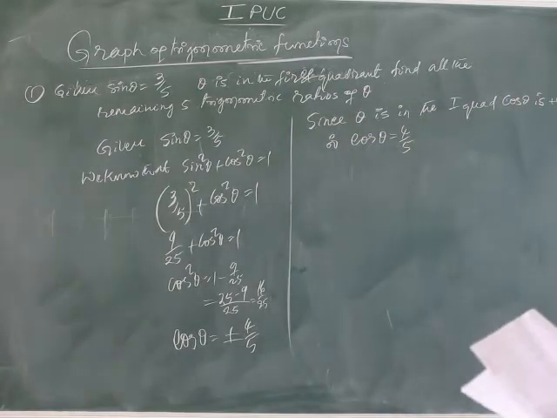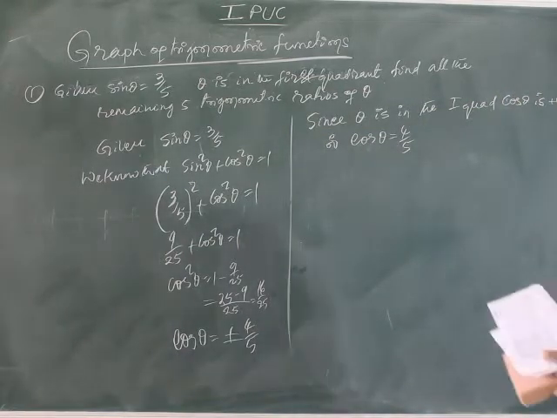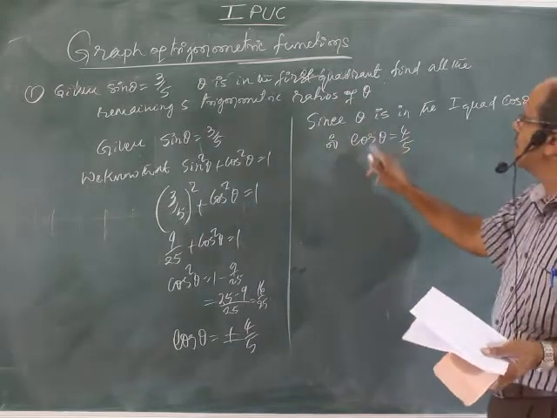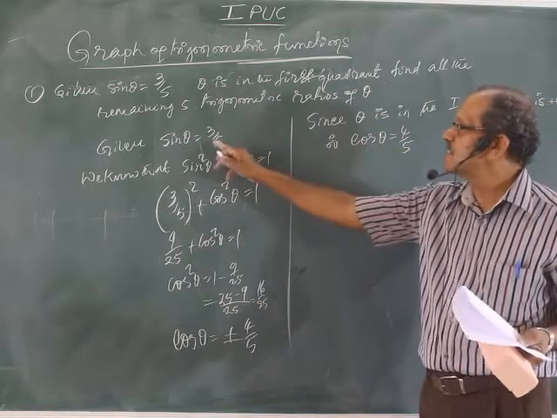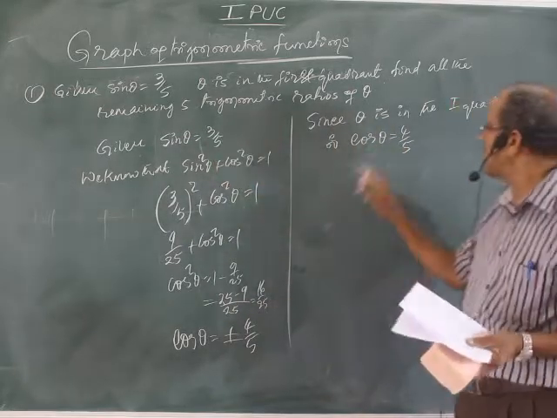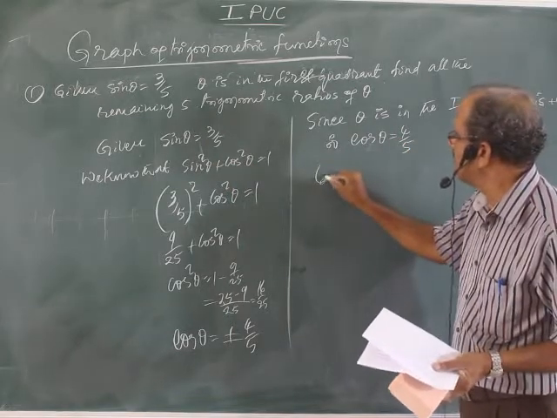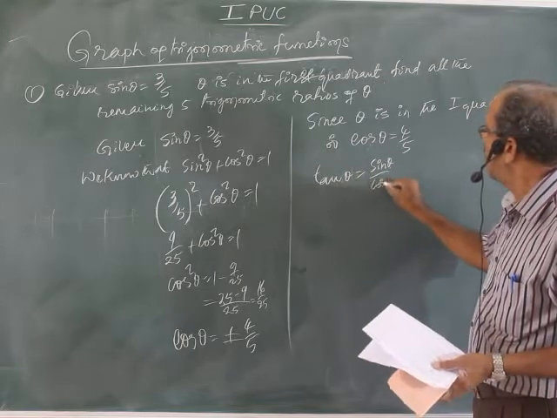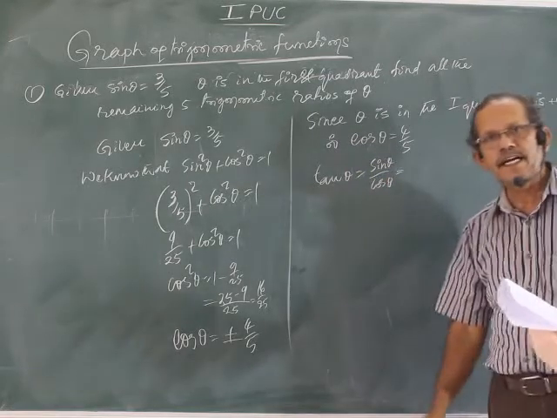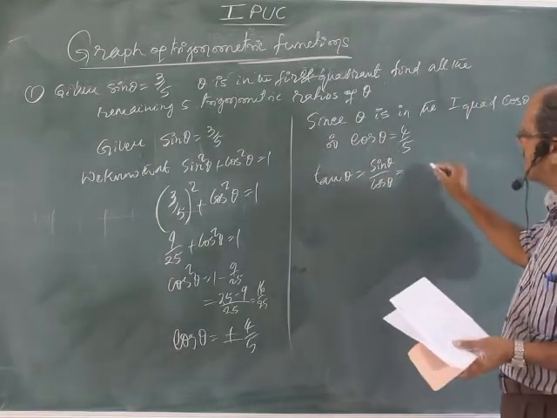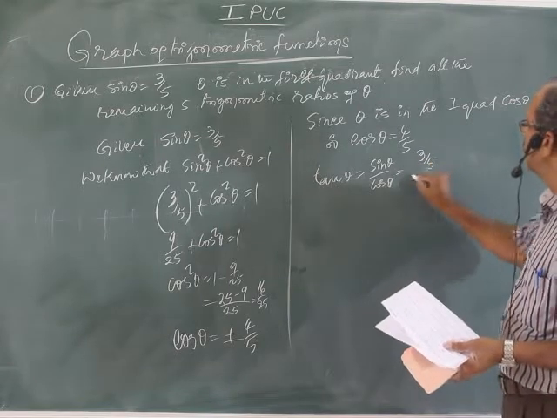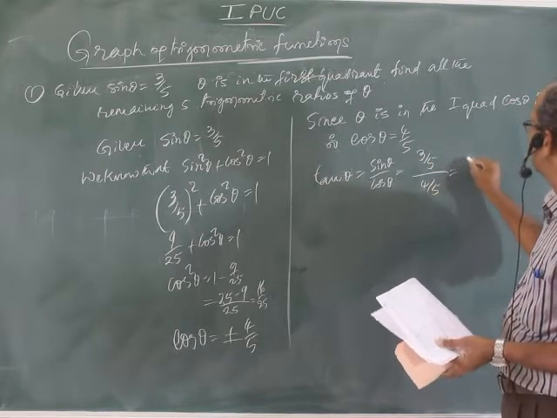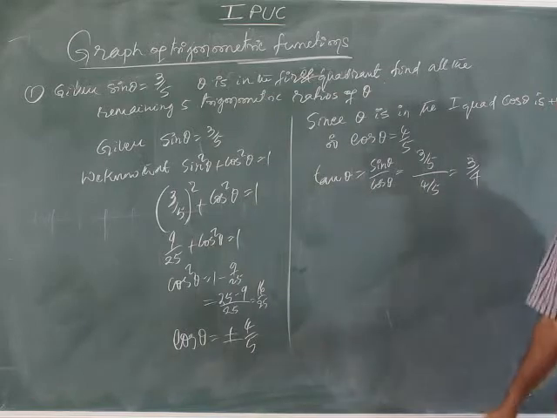Just given one trigonometric ratio, you can find all the remaining. First one is given, second one over, third one let me write. Tan theta equal to sin theta by cos theta. After knowing sin and cos, write straight away: sin theta is 3 by 5, cos theta is 4 by 5, tan theta is 3 by 4.